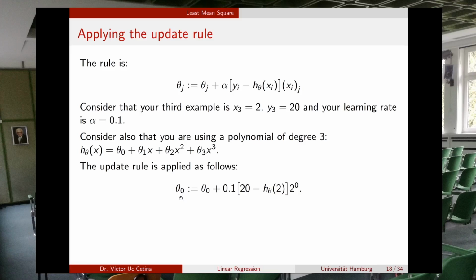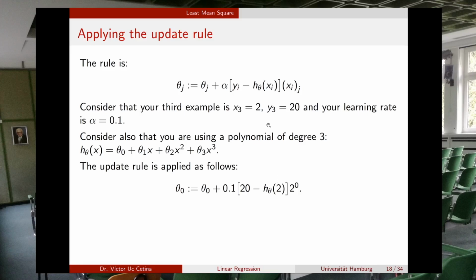So suppose that you will update parameter 0. The rule tells you that you should write theta 0 here, plus the alpha, our alpha in this example is 0.1, times the subtraction of the real output value for that example, in this case 20, minus the evaluation of 2 in our polynomial.